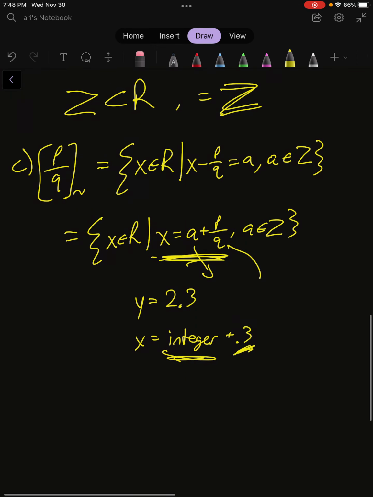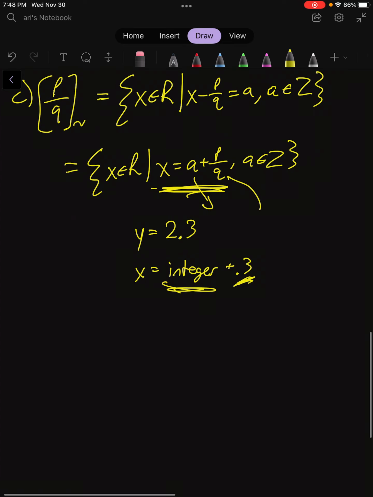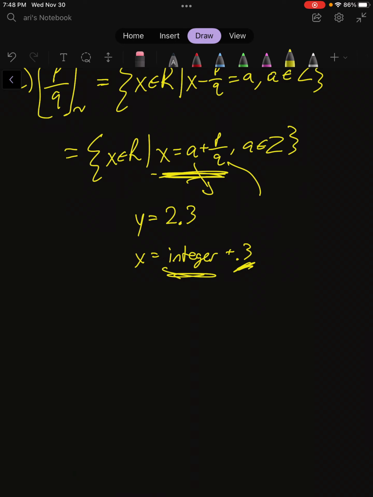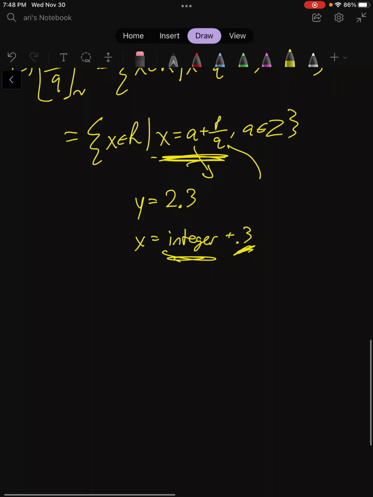So now the question tells us prove that it's a subset of the rationals. So now all you have to do is show that a plus p over q is always rational. And we know that a is an integer, and we know that p over q is rational. So one way of showing this would be to say, you could say that a plus p over q is equal to (aq plus p) over q.